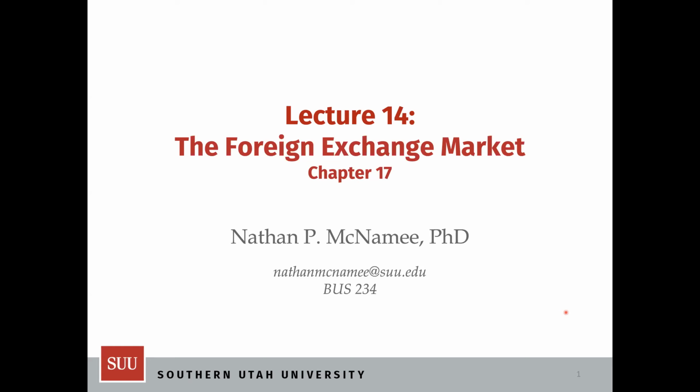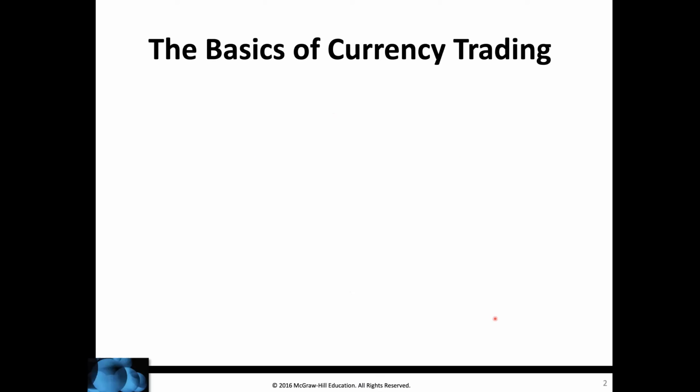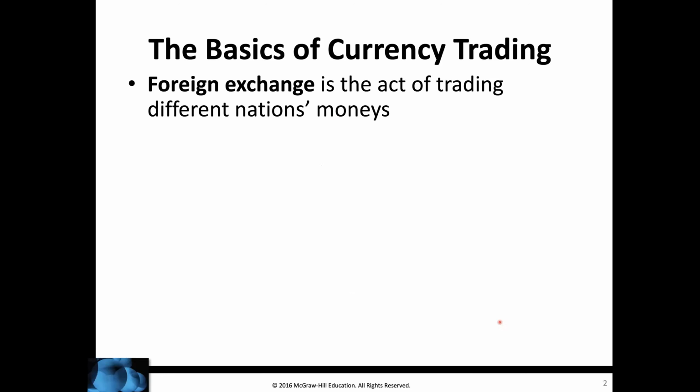So in chapter 14, we're going to be discussing a little bit about this market for the exchange of currency between nations. So first, a little bit about the basics of currency trading. Foreign exchange is the act of trading different nations' monies, like I mentioned about exchanging US dollars for British pounds.